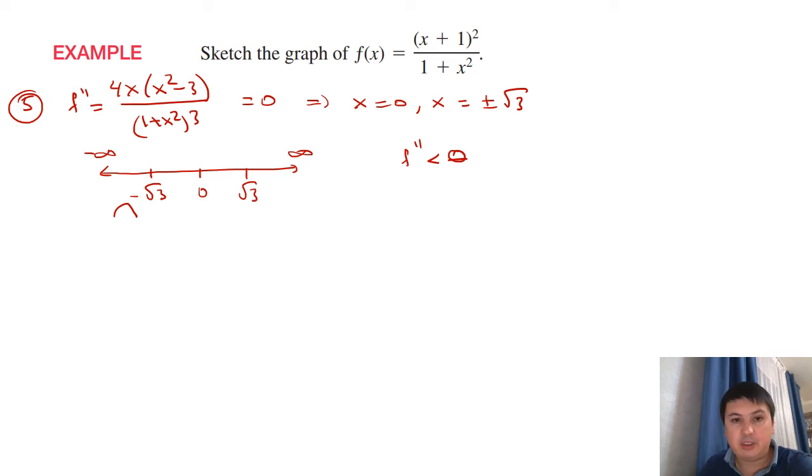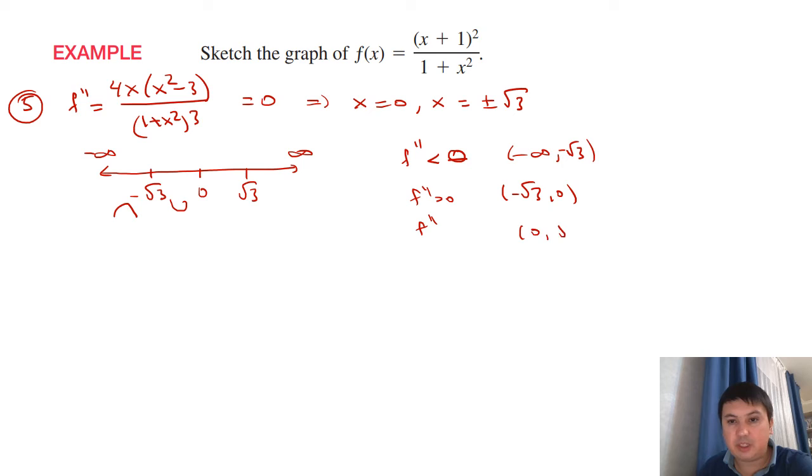And then between minus square root of 3 and 0, x is negative, but x squared minus 3 is negative, so negative times negative makes it positive. So here I have a positive, from minus radical 3 to 0. So here it's concave up.